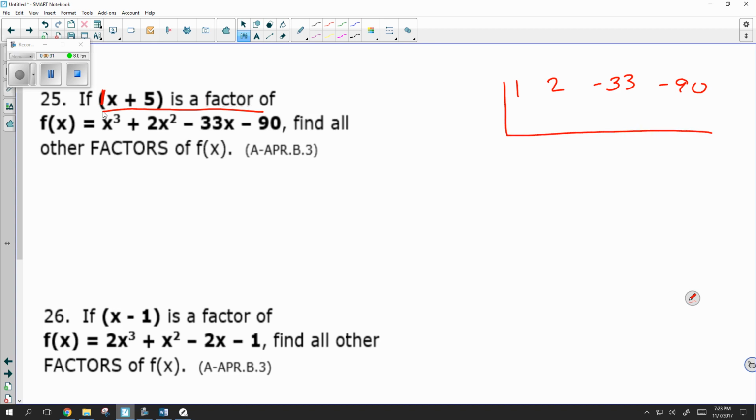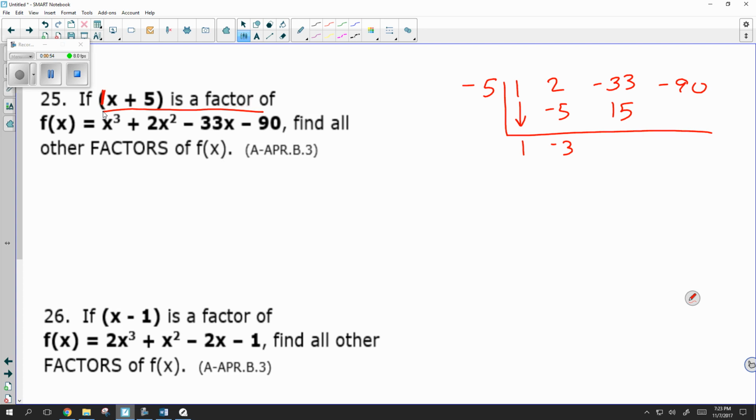And if the parentheses says x plus 5, we have to use the opposite. So we would put a negative 5 on the outside. So the first one drops, and then it's all multiply and combine. So negative 5 from the multiply part, combine, multiply.